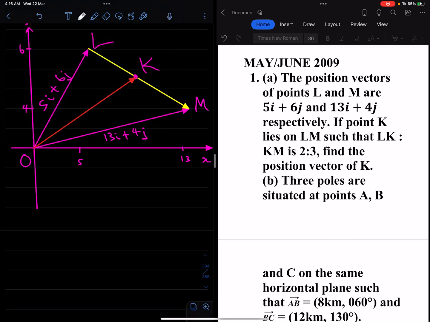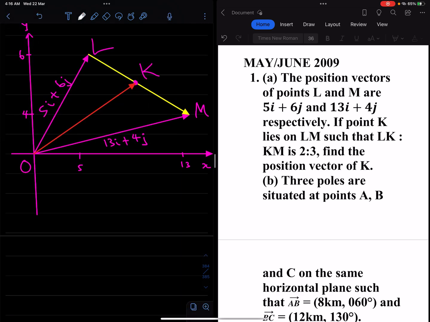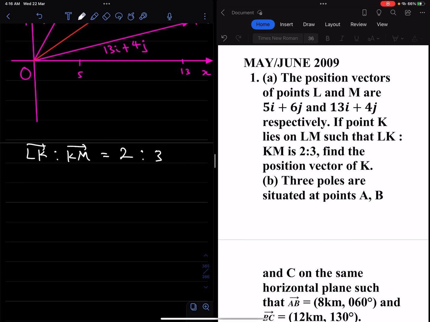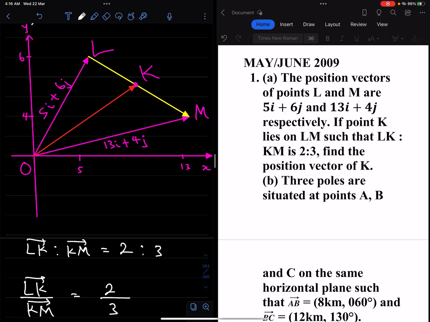So that's the next thing. Now, the ratio LK to KM is the same as the ratio 2 to 3. What that simply means is that we can write that as a fraction. That means LK over KM is equal to 2 over 3. Now, what is LK?